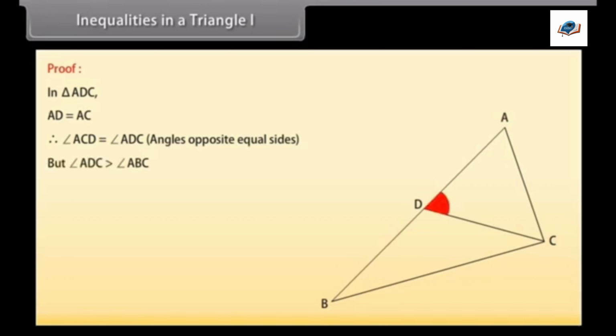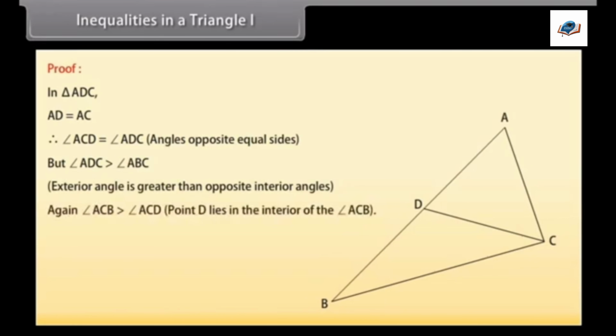But angle ADC is greater than angle ABC because the exterior angle is greater than the opposite interior angle. Again, angle ACB is greater than angle ACD because point D lies in the interior of angle ACB. Therefore, angle ACB is greater than angle ABC.